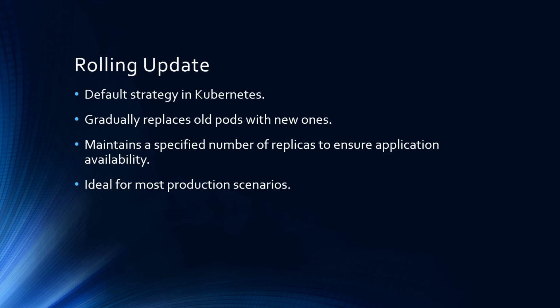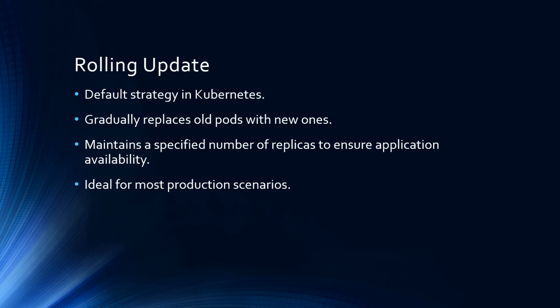You also need to properly configure your readiness and liveness probes to ensure Kubernetes can accurately determine when new pods are ready to receive traffic. Rolling updates can be particularly effective for stateless applications where backward compatibility has been properly maintained. However, poorly configured health checks can lead to failed deployments, so proper configuration is crucial.